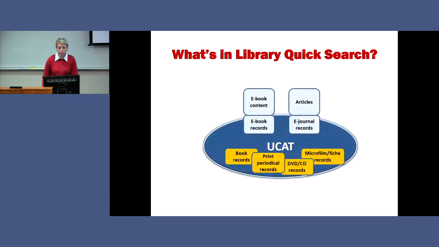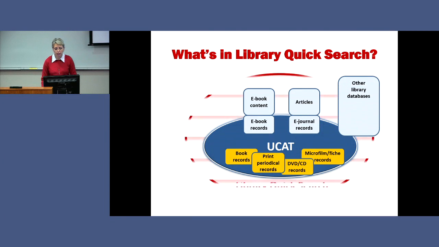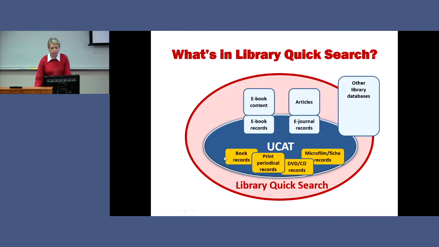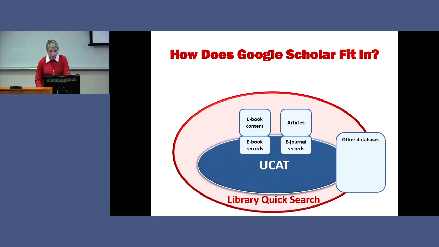So the library quick search, that big box that we saw on the library homepage, covers pretty much everything that UCAT has and covers some of the other database content. However, it doesn't include everything. That's why we have other library databases outside. And how does Google Scholar compare to what we have?